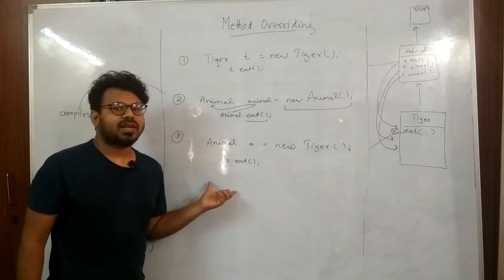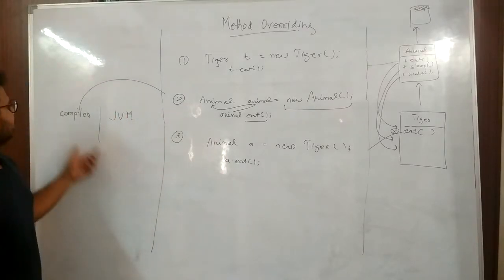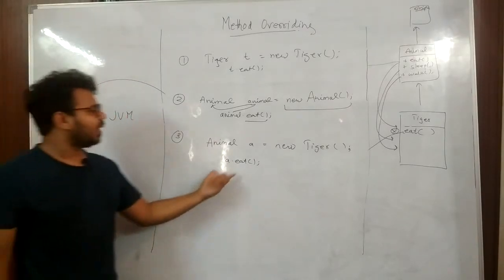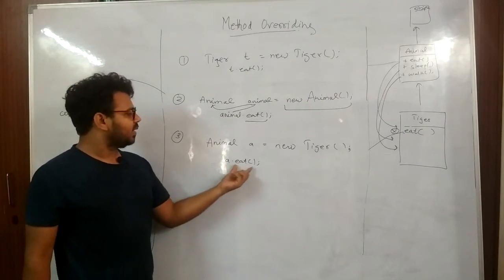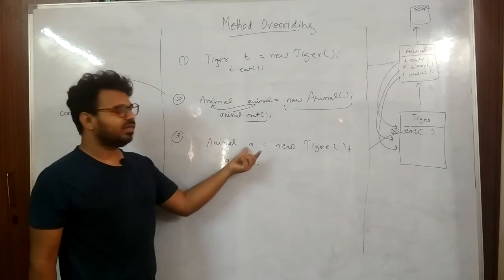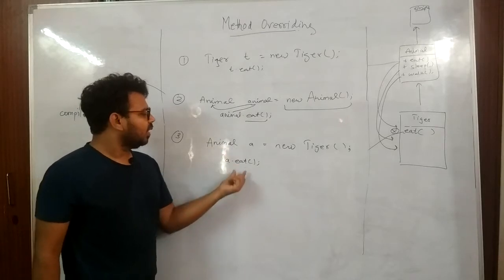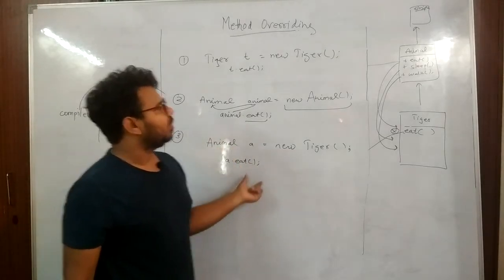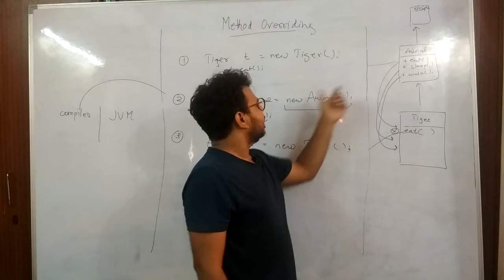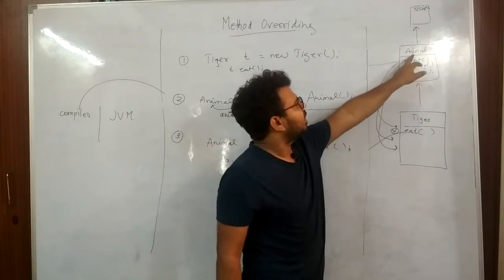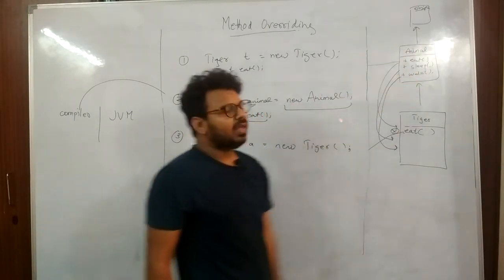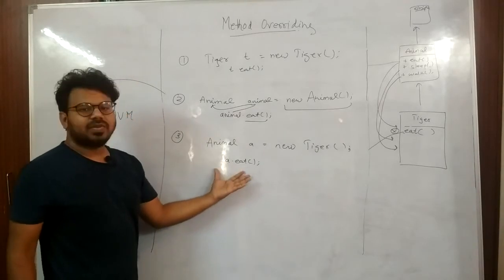This line also behaves like the previous one. First of all, the compiler will check for the eat method in the defined reference type, that is Animal. The eat method is present in the Animal class, so it will compile fine.